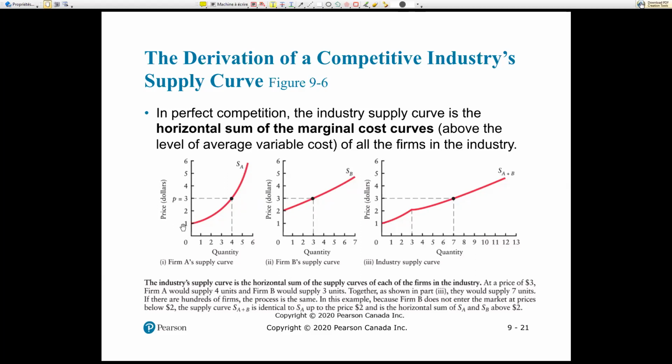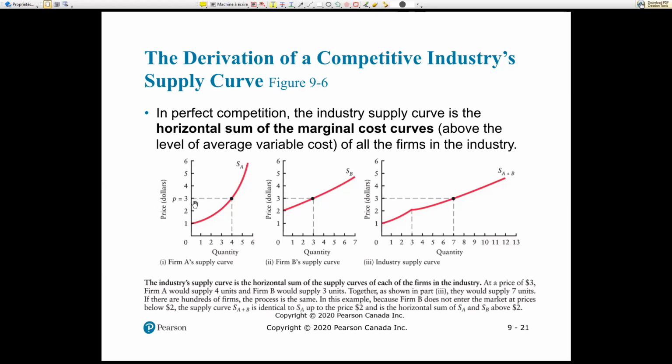The problem is that you have price on the y-axis and quantity on the horizontal axis. So usually we just add the stuff together this way, but that's not how things work in real life. In real life, it's an aggregation of firms that respond to the same price. So you decide what is the market price today.